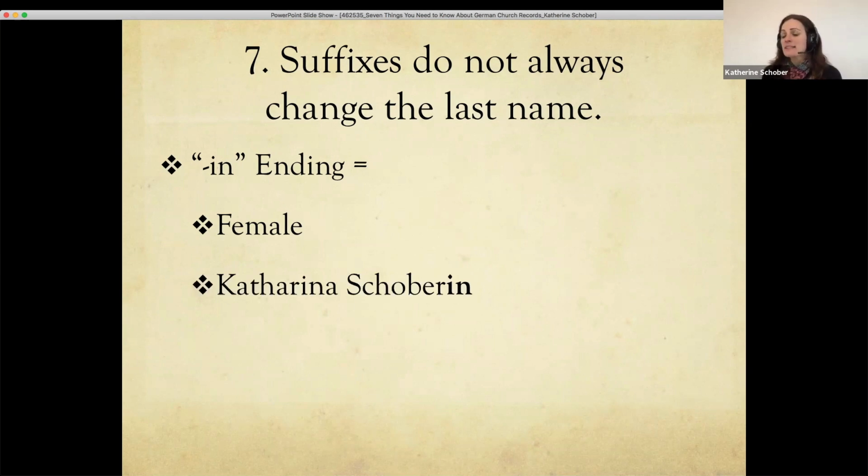That all that means is that my last name is Schober, and that in just signifies that I'm a female with the last name of Schober. So when I'm translating these documents into English, I would just delete that IN. It doesn't mean anything besides the fact that I'm a female. It doesn't change the name. It doesn't mean that your last name is written one way here and another way there. It's just a grammatical marker saying that that person is a female.